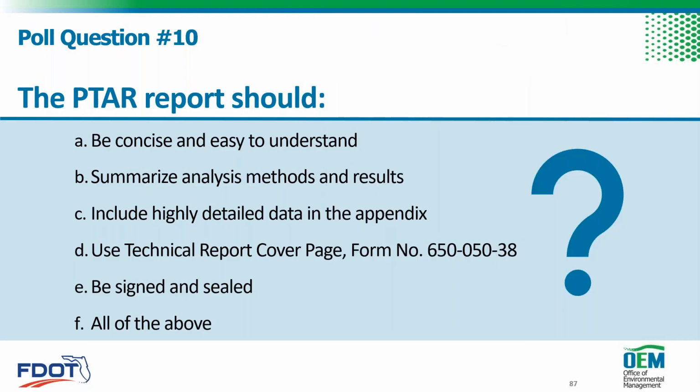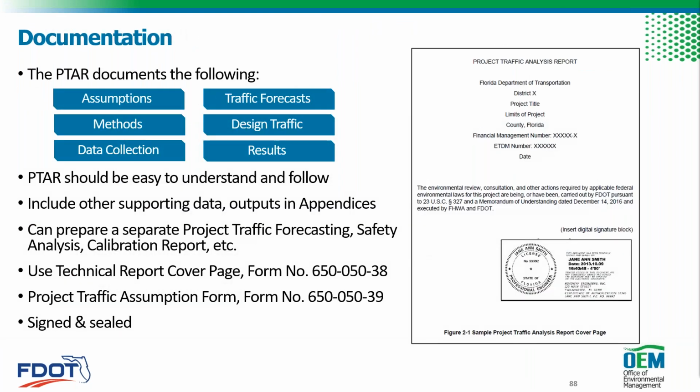Okay, so most of you knew the answer to this, so that's great. We'll talk about it a little bit anyway. So the PTAR document needs to document the assumptions, the methodology, the data collection, traffic forecast, the design traffic, and the results. So it should be easy to understand and follow.